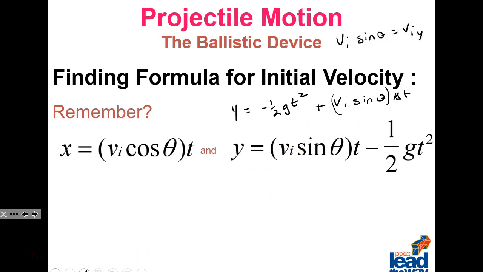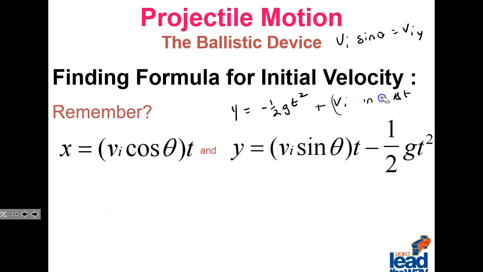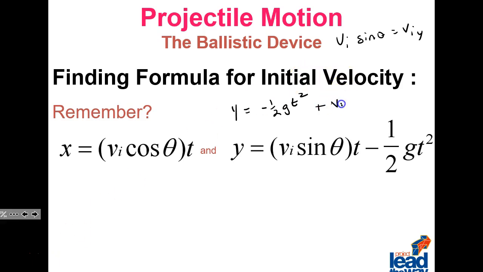So when I wrote this earlier, I wrote this as plus VIY times t plus YI. Now, this is a final position. Okay, so final position equals negative 1/2 the acceleration due to gravity times time squared plus VIY t plus YI.